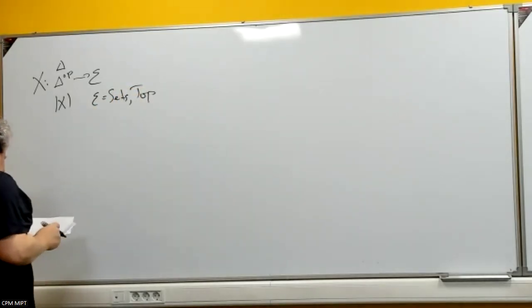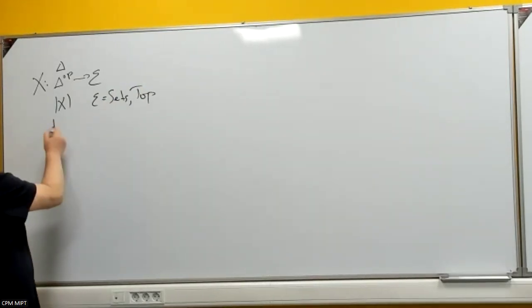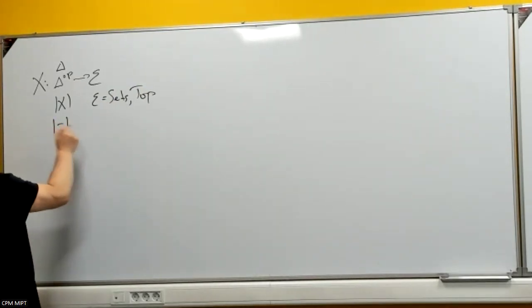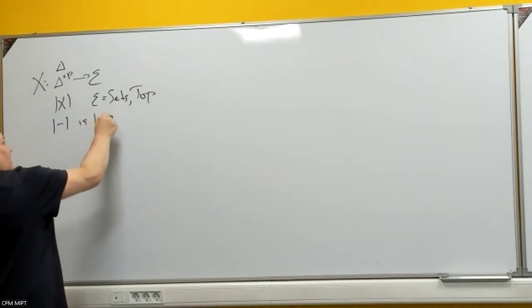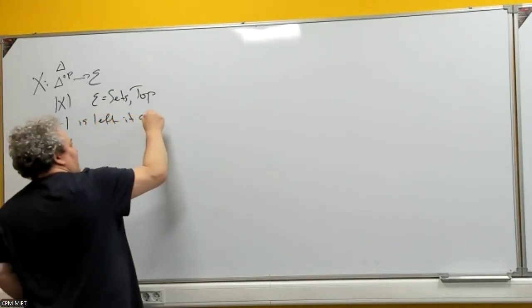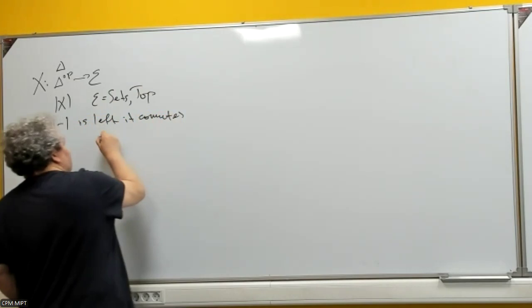Then we have seen that the realization functor is left adjoint, and it commutes with all coproducts.